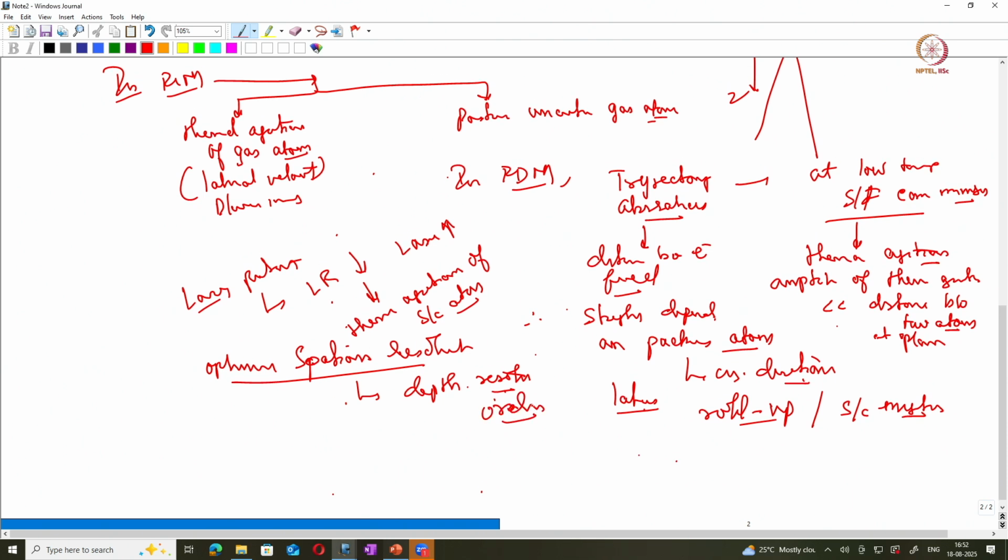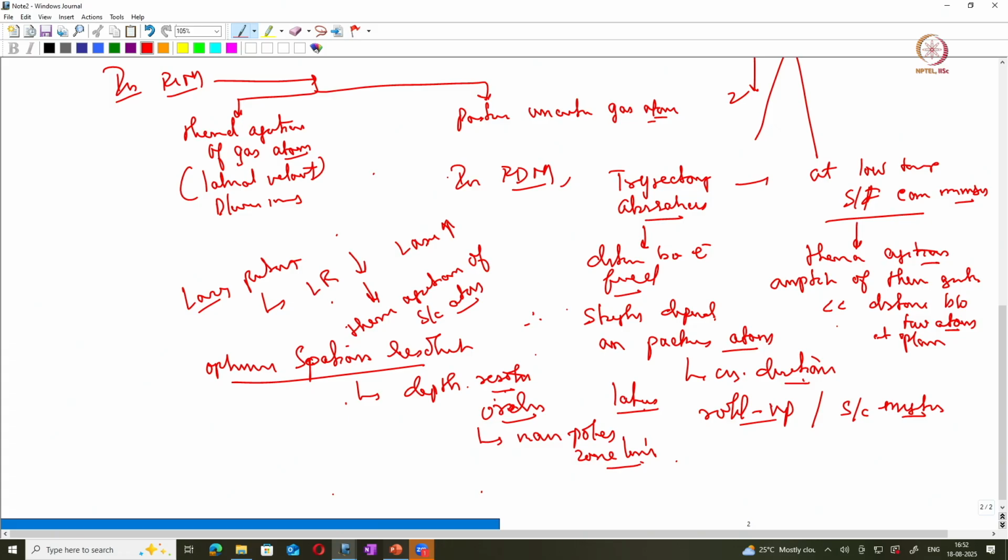Here the high resolution is obtained because the field evaporation occurs in a controlled manner. Usually we get a very good depth resolution near the poles or the zone lines.